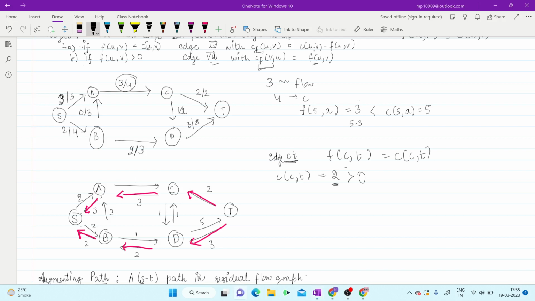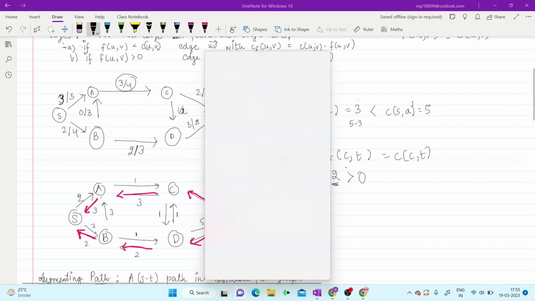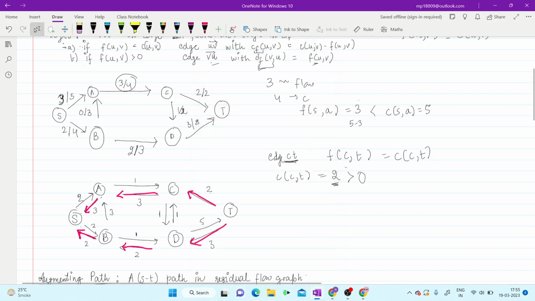Now let's look at some other case also. Suppose we have the case of edge AB. Sorry, this was edge BA. For this edge we see the flow value is 0, which is strictly less than the capacity value.